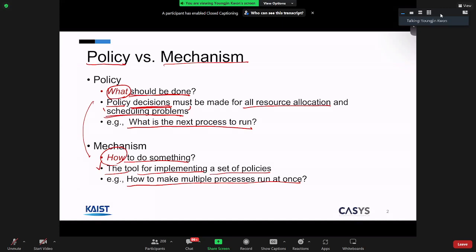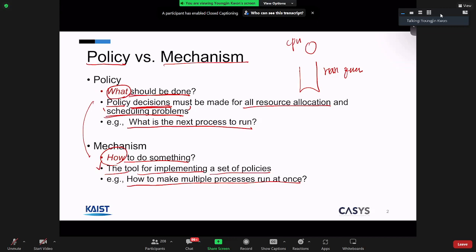Okay, policy and mechanism. So, in the scheduler, here's the CPU. Each task, job, each kernel thread is put into the run queue.